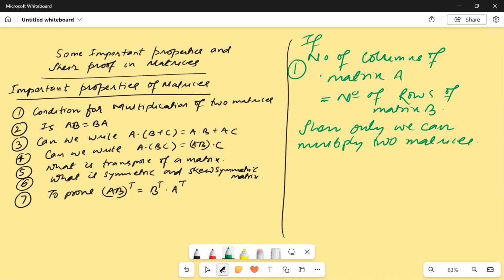Let me show you by an example. Suppose A is a 2 into 3 matrix, so 2 rows and 3 columns, like A1, A2, A3, B1, B2, B3.